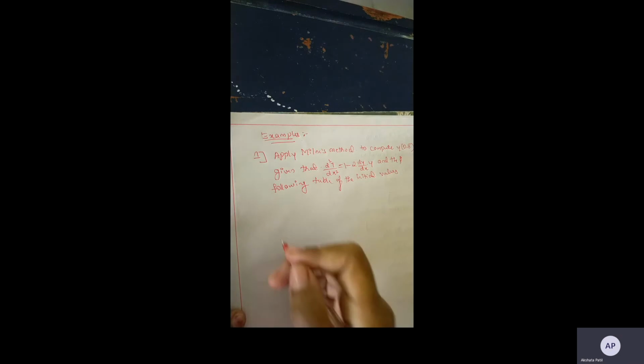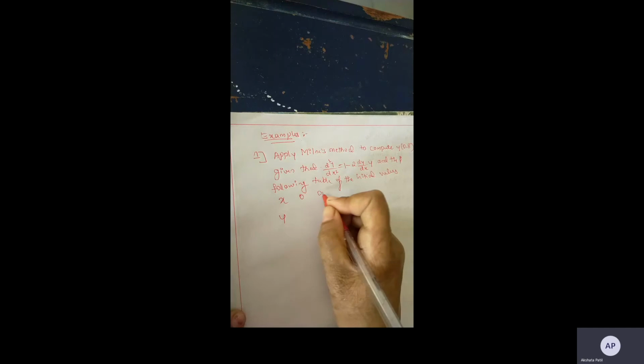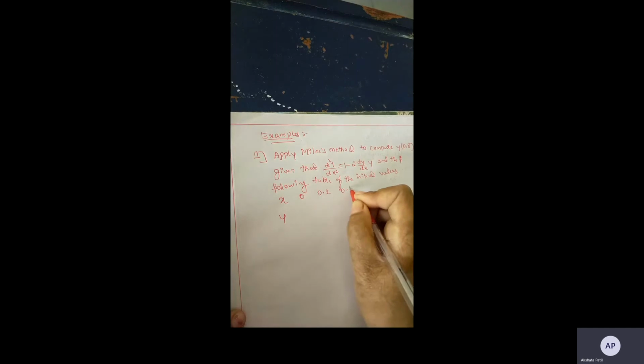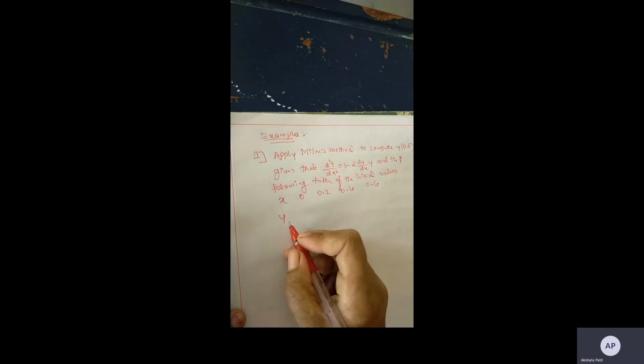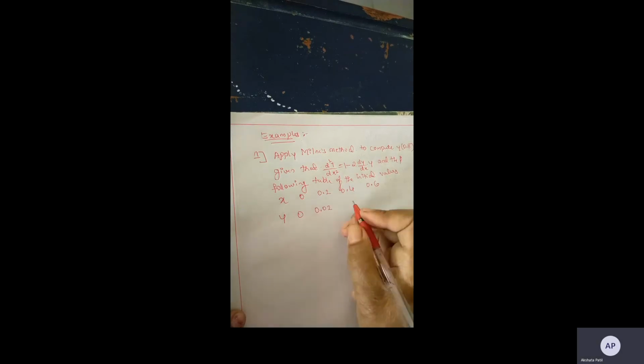So they have given a table. The x values they have given are 0, 0.2, 0.4, 0.6, and the corresponding y values are 0, 0.02, 0.0795, 0.1762.